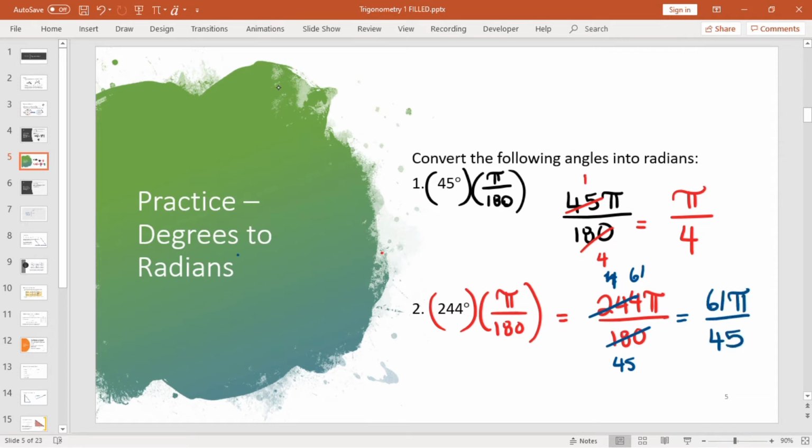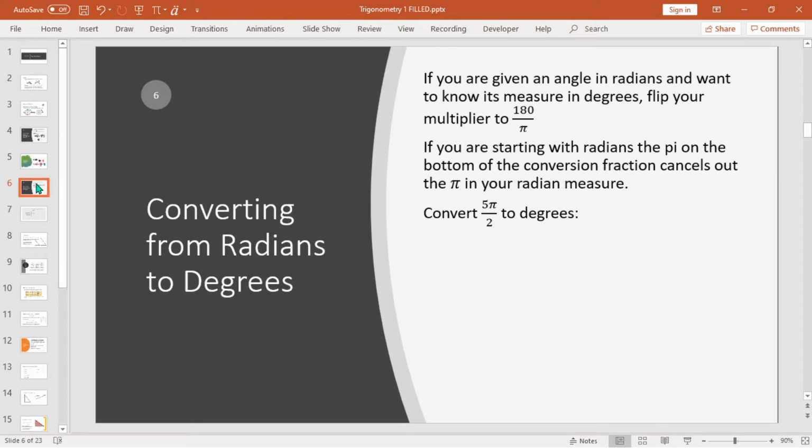Okay, so we've taken angles in degrees and turned them into radians. Now let's go the other way. This time, we're going to multiply again, and we're just going to flip the multiplier. So basically we're dividing by what we multiplied before, but you don't have to think of it that way. We're going to take our angle in radians, and in order to make it into degrees, we multiply by 180 over pi.